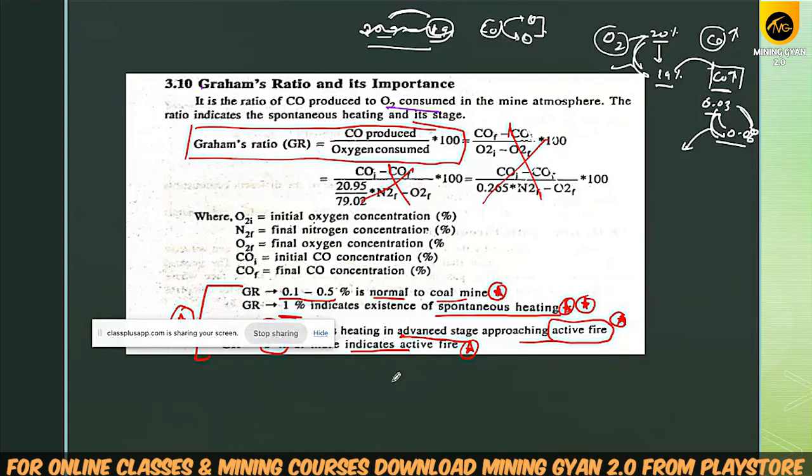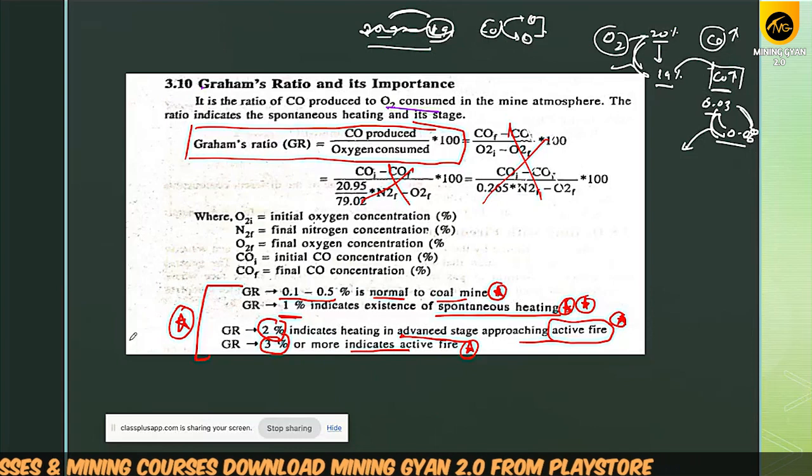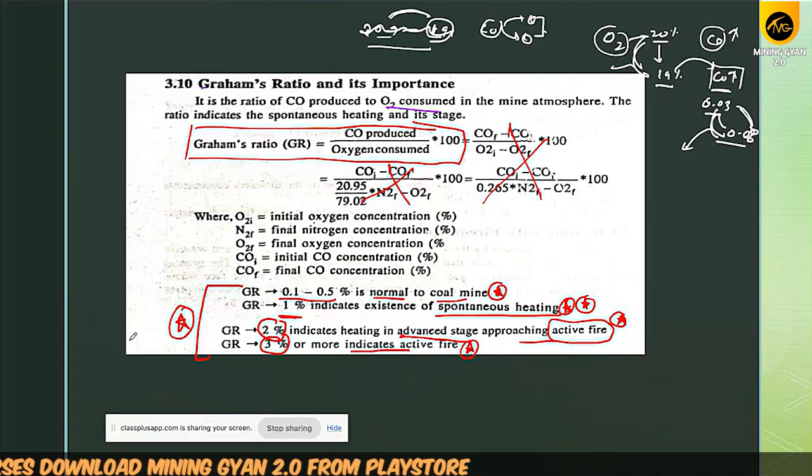Then we have seen the gram ratio. That means the gram ratio is CO produced divided by oxygen consumed, times 100. I told you to remember this formula, because after this theory section, tomorrow I think we will start our numericals of ventilation. So please remember the gram ratio, which means CO, carbon monoxide produced, divided by O2 consumed.